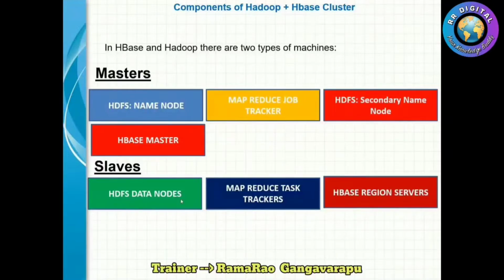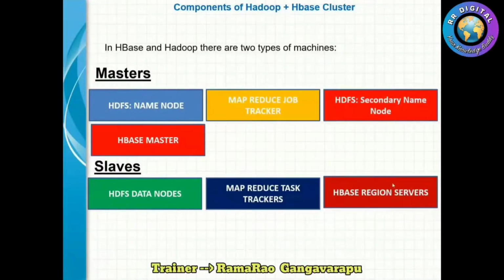And coming to slaves also, in HDFS we have data nodes, n number of data nodes, and each data node contains a task tracker, right? Okay, so basically from HDFS these two we are calling slave nodes. If HBase is there, one more new slave is available, that is the HBase region servers.